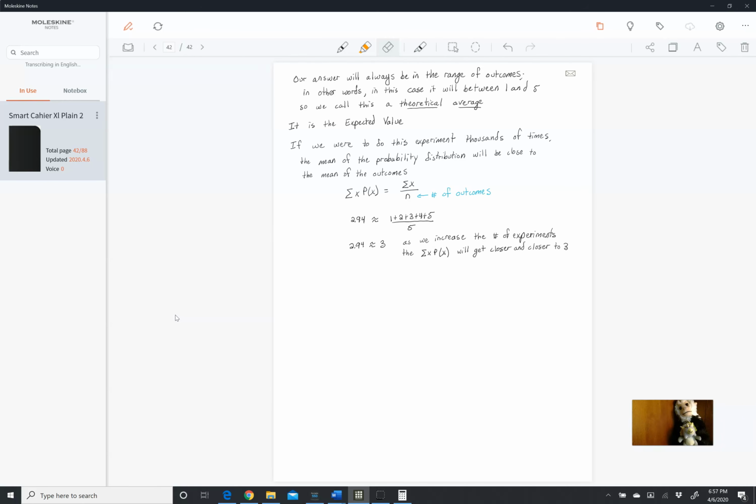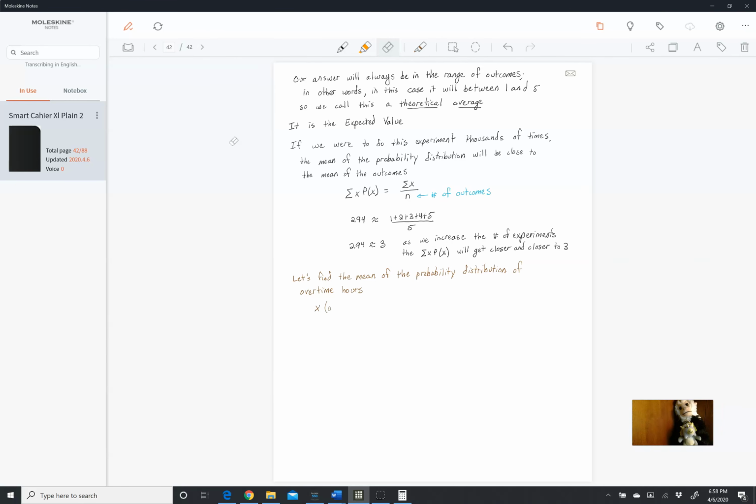Let's do one more. Let's find the mean of the overtime hours. So let's take the probability distribution. I'm going to rewrite it here.